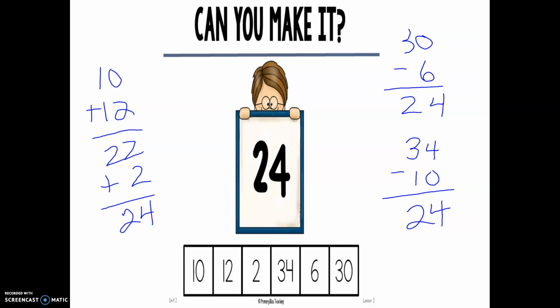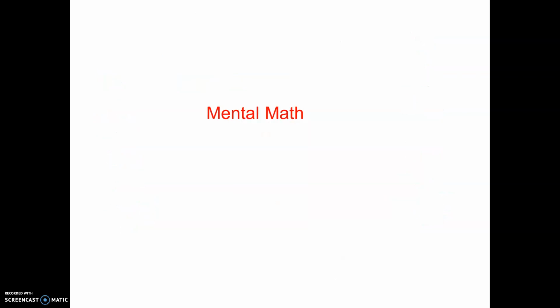Oh, what about a multiplication problem? What about 12 times 2? 12 times 2 is 24. And I'm sure that there's other combinations that we can do with those numbers to get to 24, but we are going to move on to mental math.